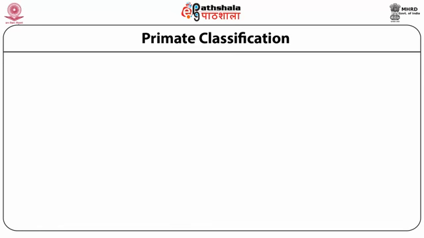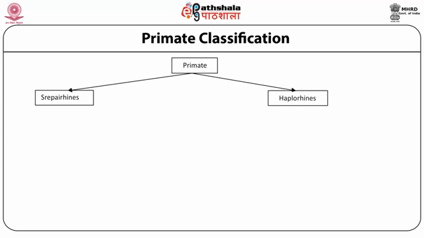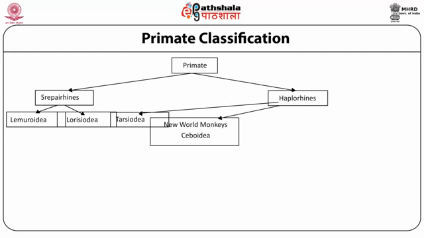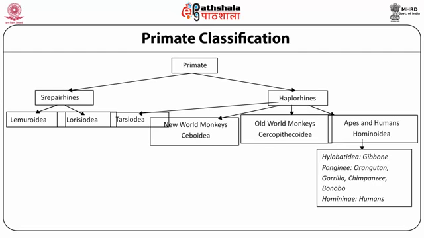The given chart shows a clear-cut explanation of their classification, how primates are divided into two branches, strepsirrhines and haplorhines. As we have already discussed in earlier modules, the strepsirrhines have lemuroidea, lorisoidea and tarsoidea, and haplorhine is divided into New World monkey, Old World monkey and Hominoidea, that is, apes and human.